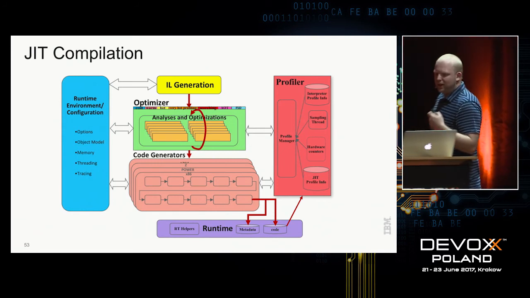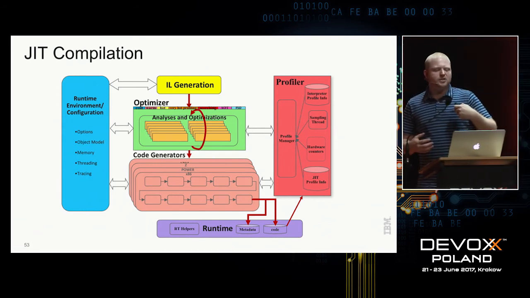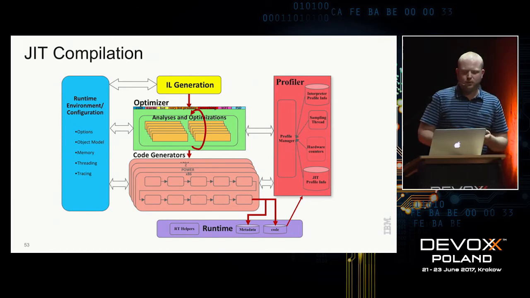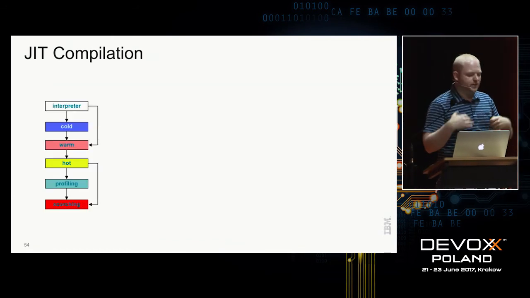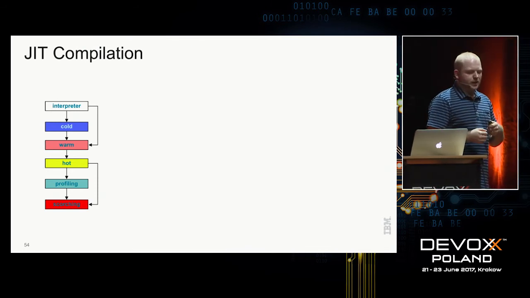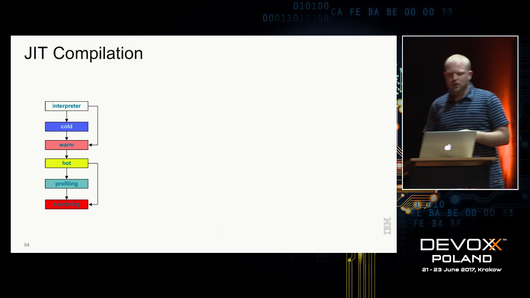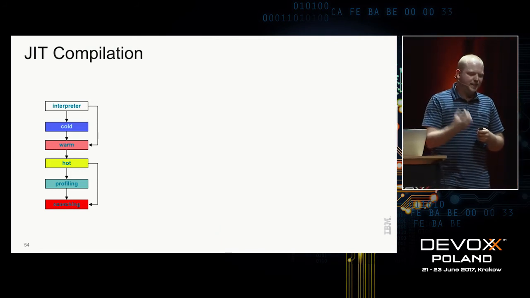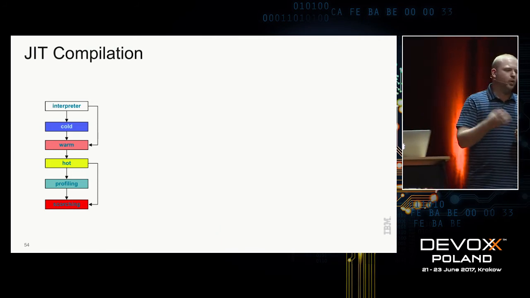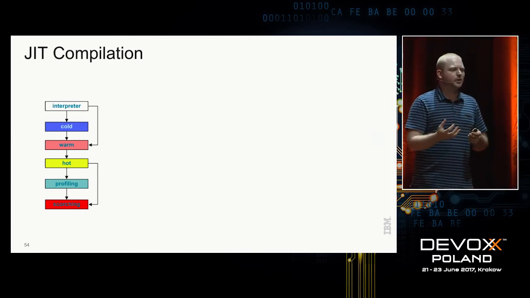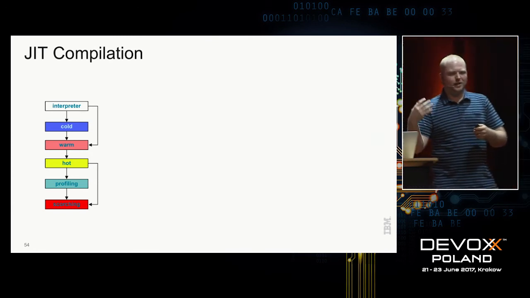I mentioned that the optimizer could decide how much to optimize the code. This is possible because we have this tiered compiler that transitions methods through different levels of hotness. The basic idea is that you shouldn't spend more time compiling the code than the total time that you would run it, right?